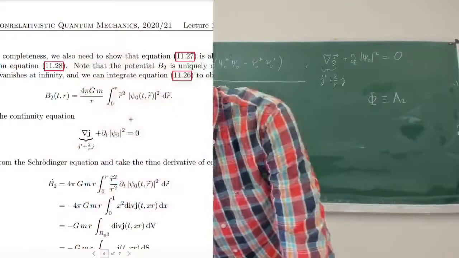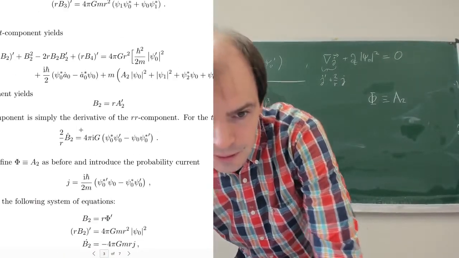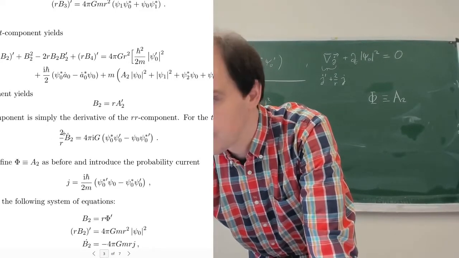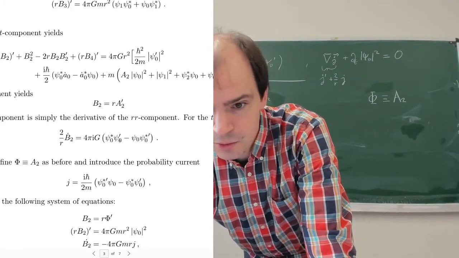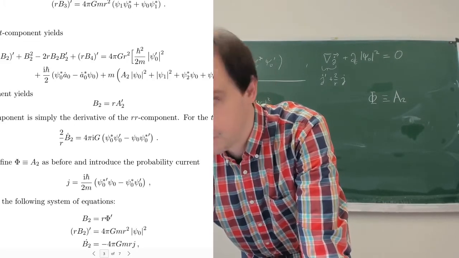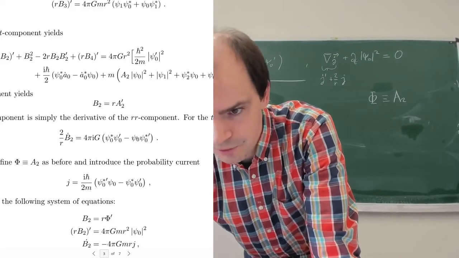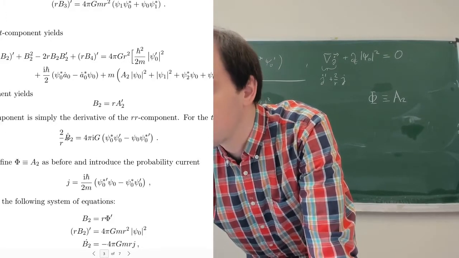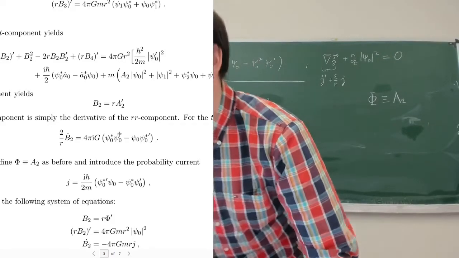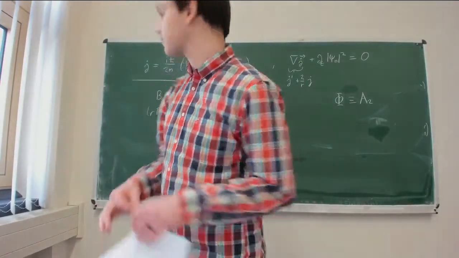And finally, again at order n equals 3, we find an equation for B2 dot, which comes out of the theta component of the tr component. And this equation that follows from the tr component we can now express in terms of the probability current.